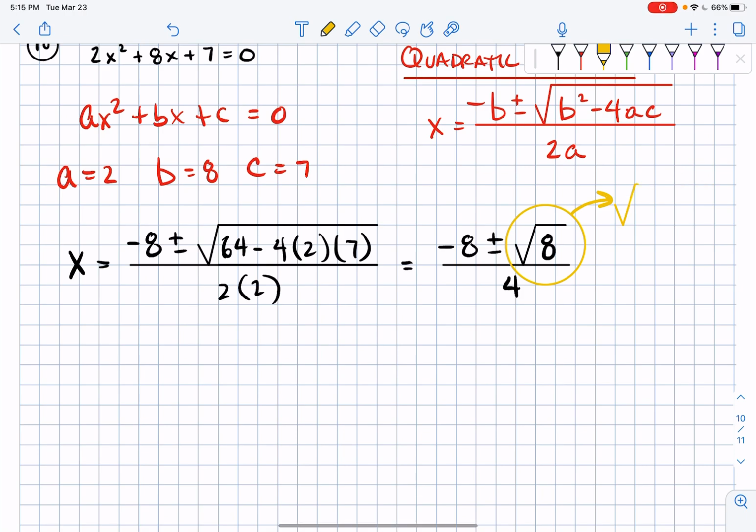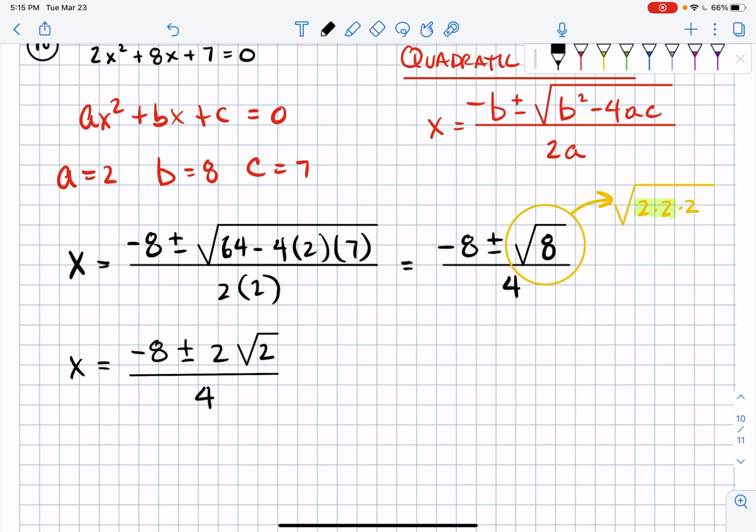It's 2 times 2 times 2. So that means I have a pair and a leftover. So that pair of 2 would come out with a 2 left inside. So what I actually have here is that x is equal to negative 8 plus or minus 2 square root of 2 all over 4.